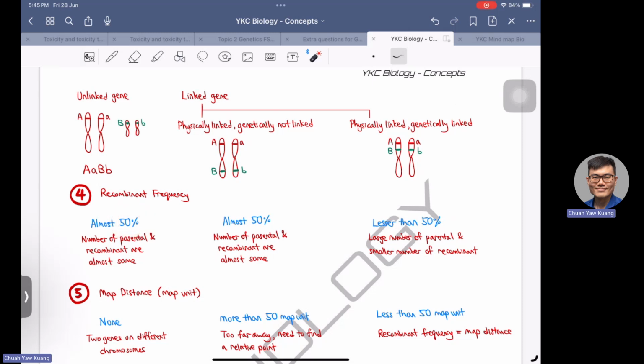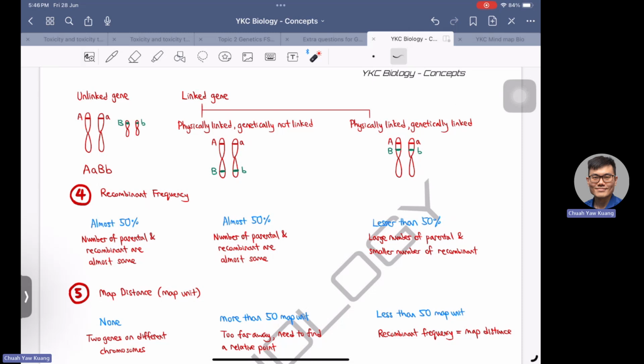Of course, when we look at the population, maybe the parents produce, let's say, 50 offspring. There will be some fluctuation in the number, so it's not necessarily exactly 50%.